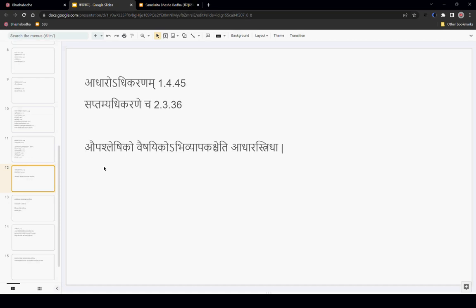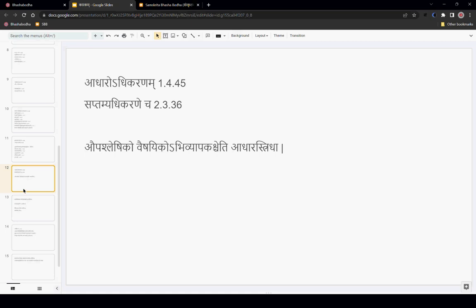Now, Saptami Adhikarane cha: when there is Adhikarana Karakam, then Saptami Vibhakti is applied. What is Adhikarana? Adhara, support, or where the Kriya is taking place, or the thing which supports the Karta or Karma, for which we saw examples last time.